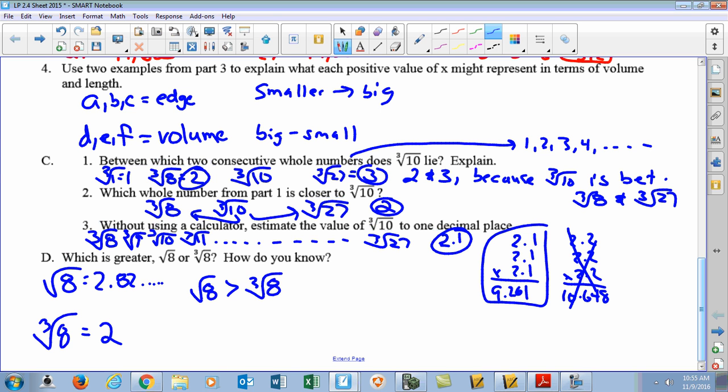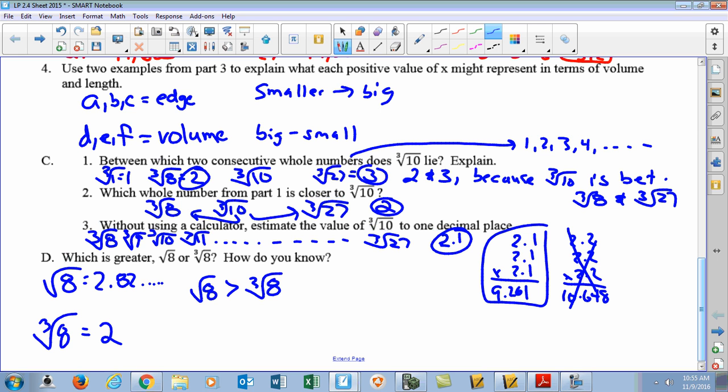And why is that? Well, again, when you're taking the roots, this 2.82 squared gives us 8. But for the cubic root, we have to take 2 times 2 times 2, right? So when I'm going back to the root, obviously it's going to be smaller because I have to multiply that number by itself 3 times as opposed to only twice. So that third extra time is going to make that number smaller.